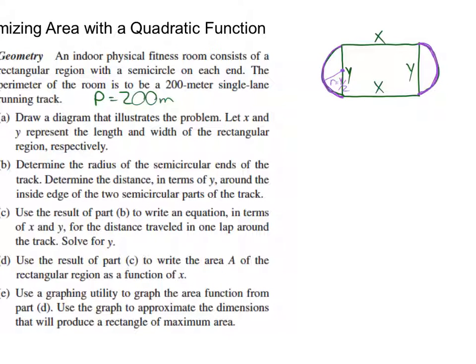So how do I find circumference? 2 pi r. Okay, so circumference is 2 pi r, and I know now that r is y over 2. So the 2's cancel out, and I have pi y.